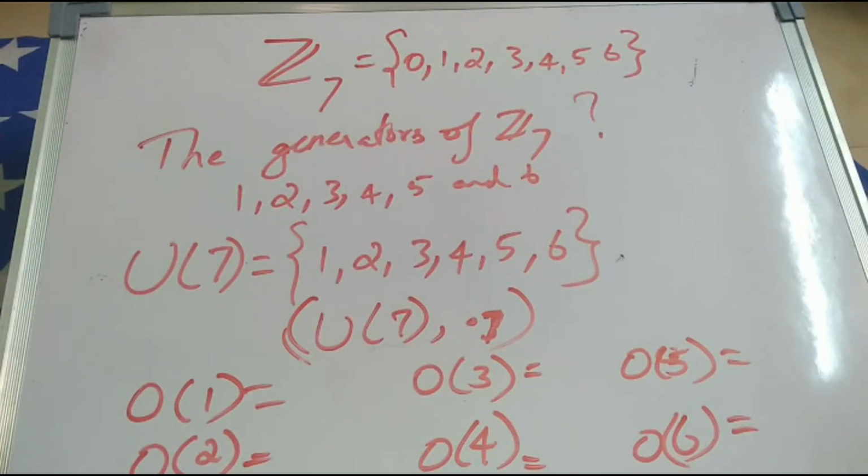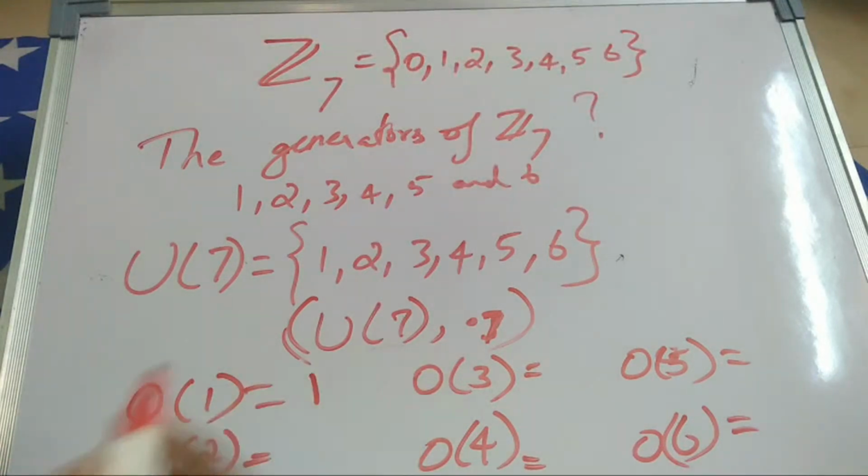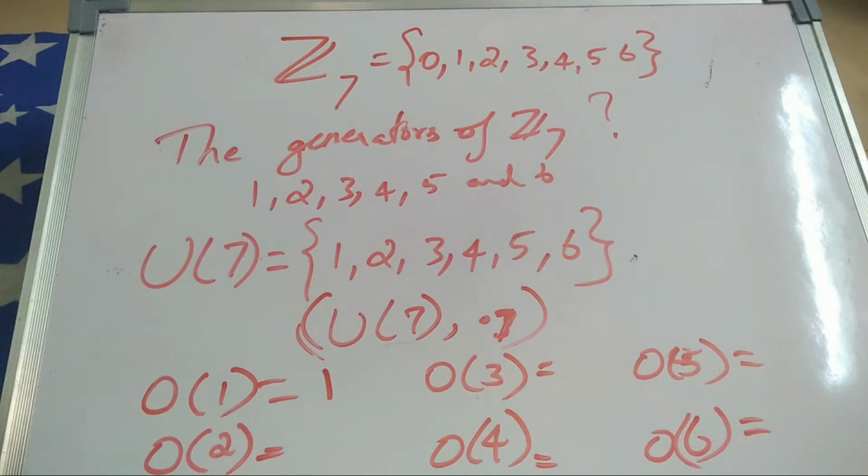Clearly, 1 is the identity element here. So the identity element has order 1. Try to find the orders of the rest of the elements. Please go one by one. What is the order of 2 here in multiplication modulo 7?